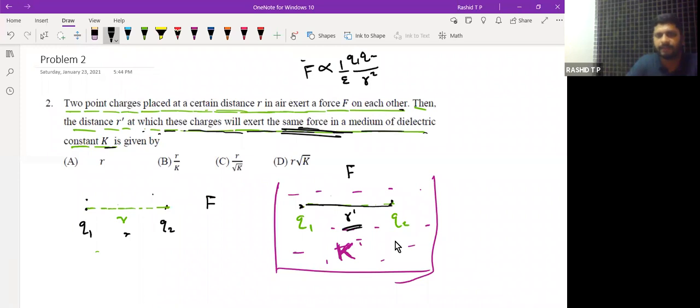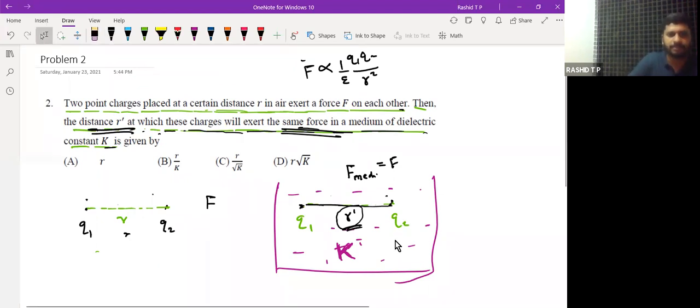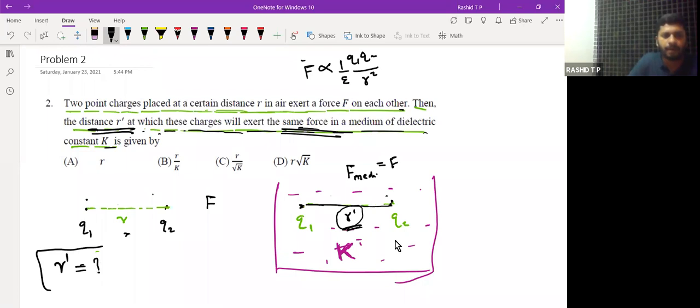But they are telling that to get the same force in a medium, what should be the distance r dash at which these two charges are placed? That is, we need to find out r dash.